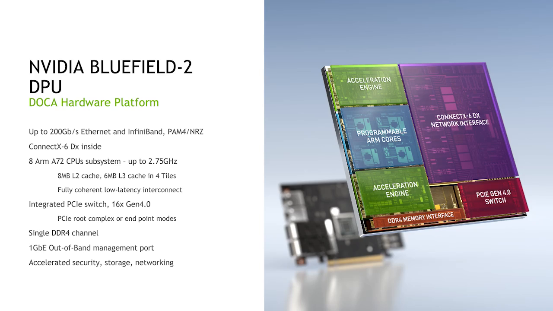But in addition, a whole suite of additional accelerators and processing capabilities, including 8 ARM cores with up to 8, 16, or 32 gigabytes of DRAM, a regular expression engine, a public key acceleration engine, compression and decompression engines for storage, and some models equipped with a GPU for AI and ML workloads, all connected by an integrated PCIe 16x Gen 4 switch to act in either endpoint mode or as a root complex.